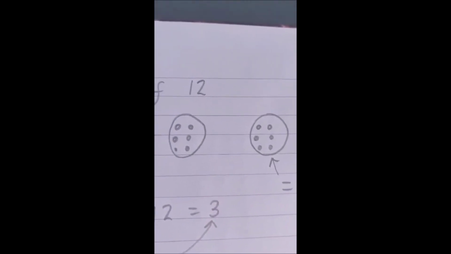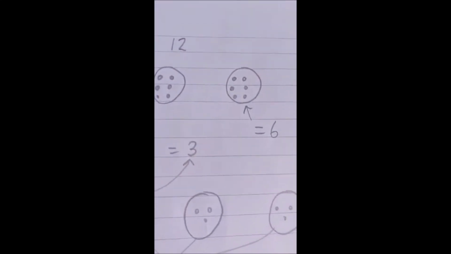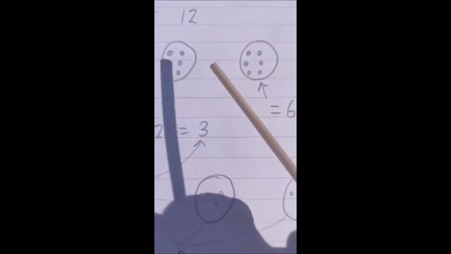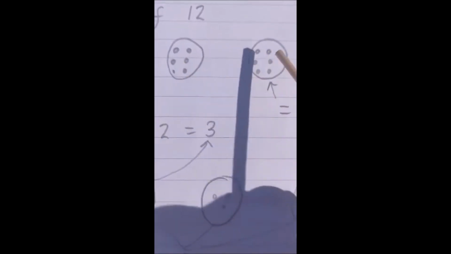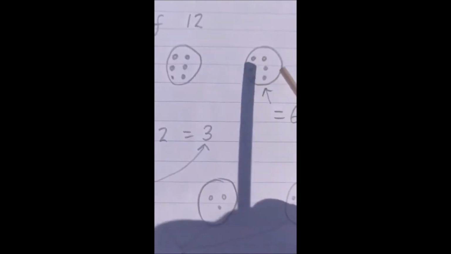Share the 12 in amongst the 2 groups, and it equals 6. Don't forget, when you're sharing your 12 between the 2 groups, do one group then the other group to make sure we share it equally. So I'd have gone 1, 2, 3, 4, 5, 6, 7, 8, 9, 10, 11, 12, and of course in one group I've got 6, so half of 12 is 6.